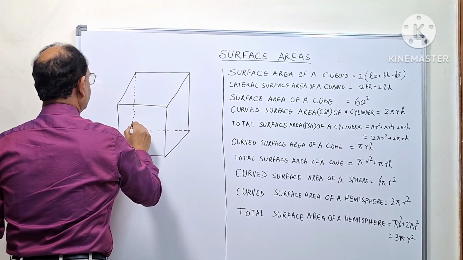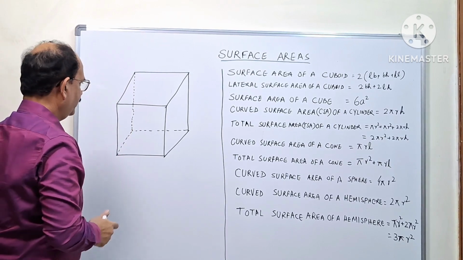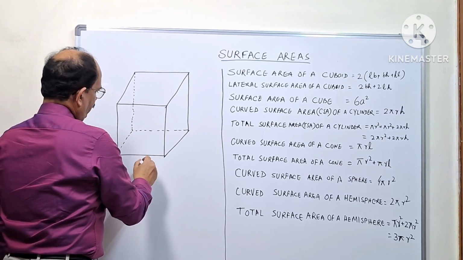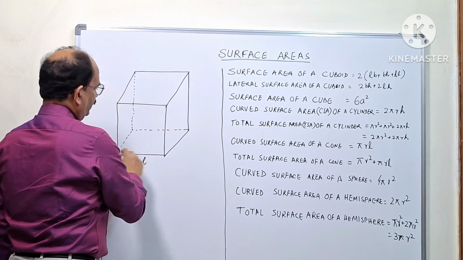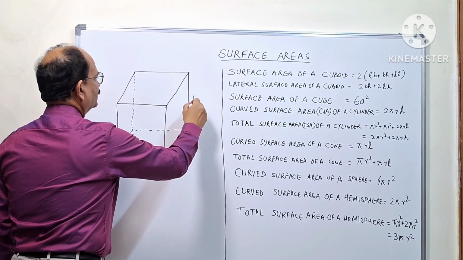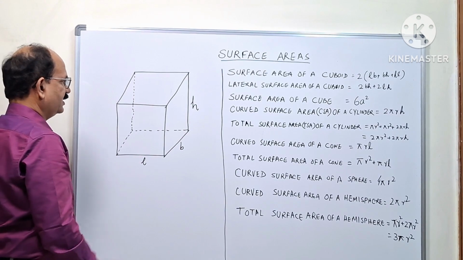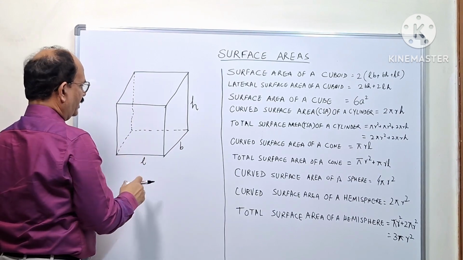The edge which is appearing on the back side, I have shown it with the dotted line. Okay. Let this be the length of the cuboid, this be the breadth of the cuboid, and this be the height of the cuboid. Then, as you can see that there are 6 faces of the cuboid.